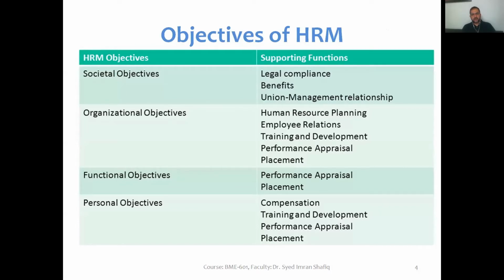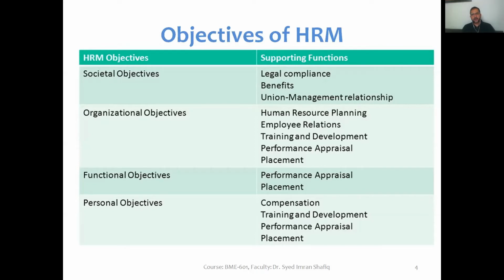We can classify the objectives into 4 groups: societal objectives, organizational objectives, functional objectives, and personal objectives. Societal objectives support functions like legal compliance, both for the employees and for the employer, plus the company as a whole.